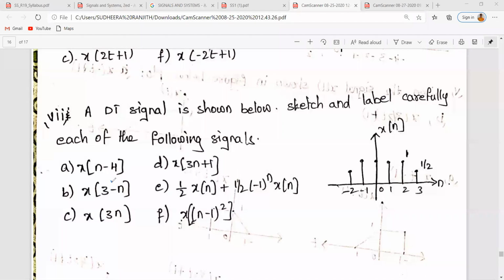So here it is n plus 3 and minus n plus 3. And here it is scaling operation, scaling the signal by a factor of 3. Here it is shifting and scaling.